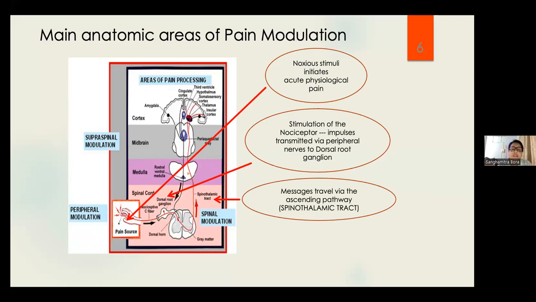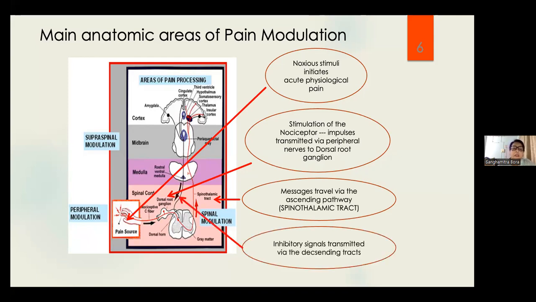These messages travel via the spinothalamic tract, an ascending pathway to the cortex of the brain, where we have a number of areas of pain processing. Then the pain is processed, and inhibitory signals are transmitted down to the same hand, the same area of peripheral modulation, via the descending tracts.